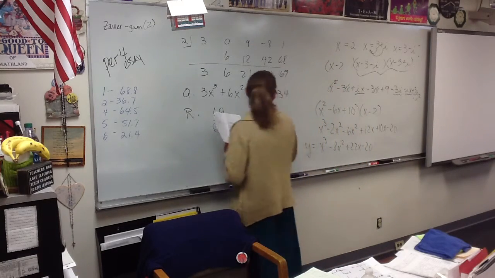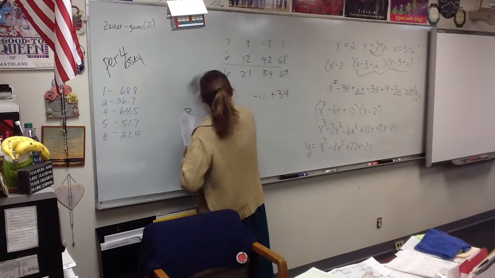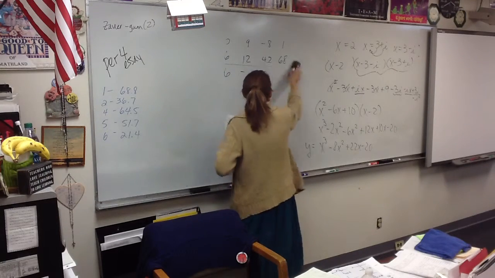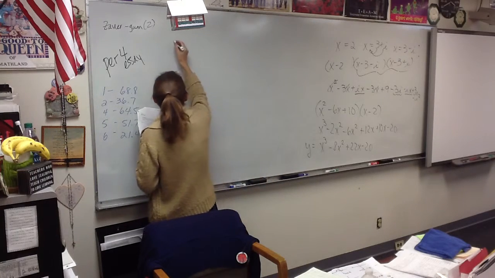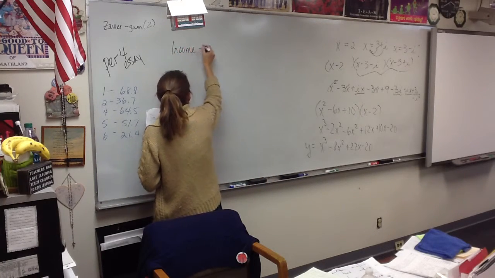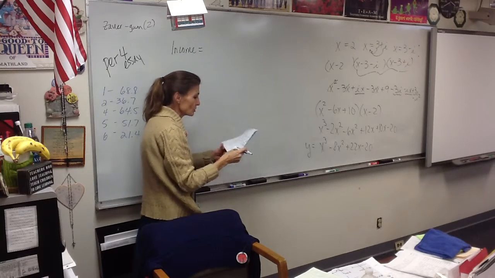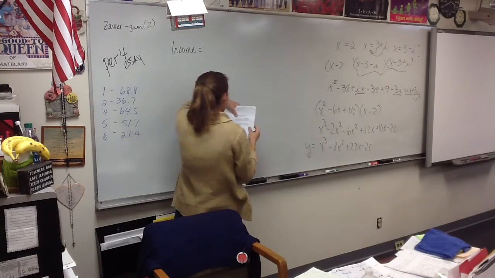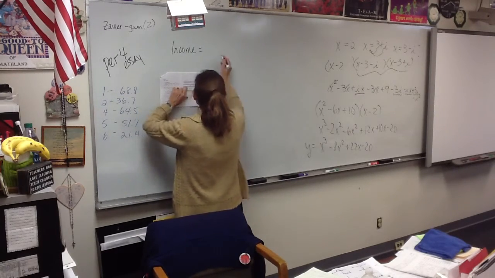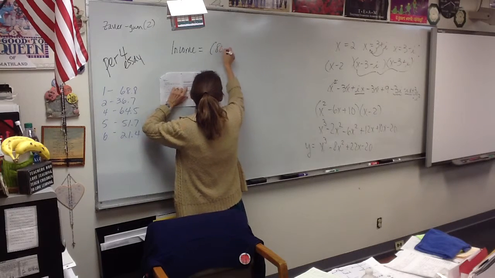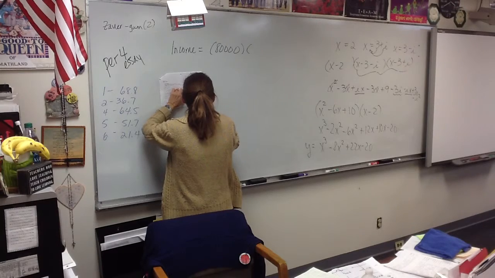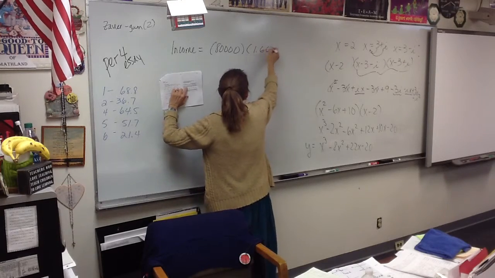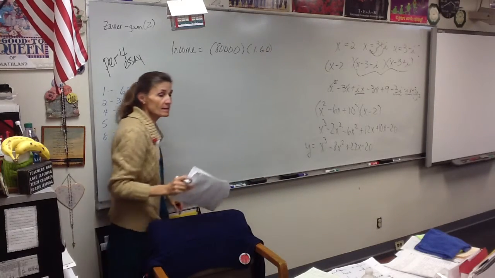Okay, so this is a revenue problem or an income problem. So in the beginning, what's my income in the beginning? Before I make any changes, what's happening? I'm selling how many? 80,000. For a price of 160. So that's the beginning. That's how much money I'm making in the beginning.